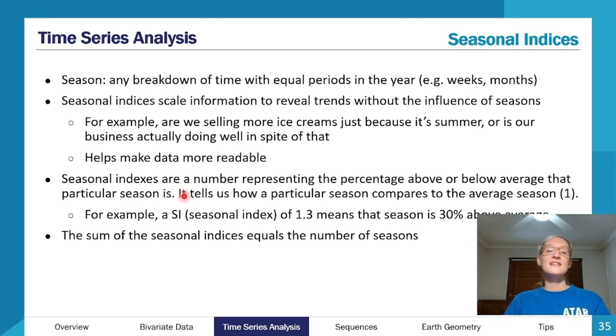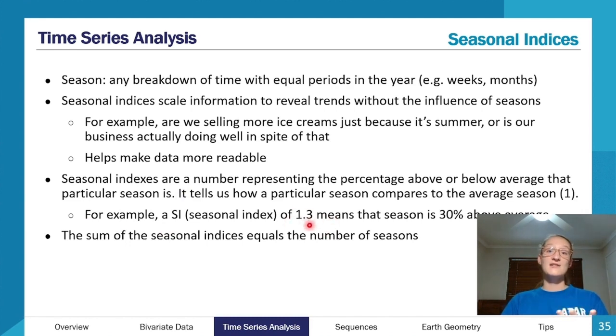A seasonal index is usually a number around 1, because seasonal indices are based around the average point being 1. And the sum of your seasonal indices will always equal the number of seasons. So if we're looking at days in a week, we'll have a seasonal index for Monday, Tuesday, Wednesday, Thursday, Friday, Saturday, and Sunday, and the sum of all those numbers will add up to 7. Anything below 1 is below average, and above 1 is above average.